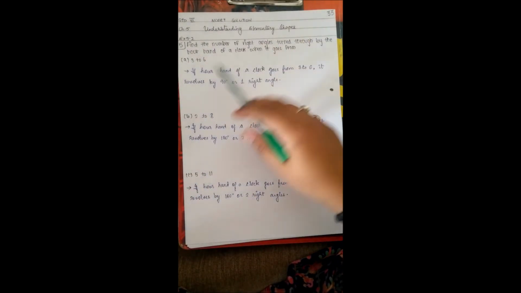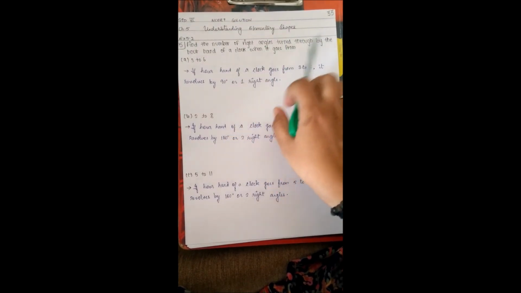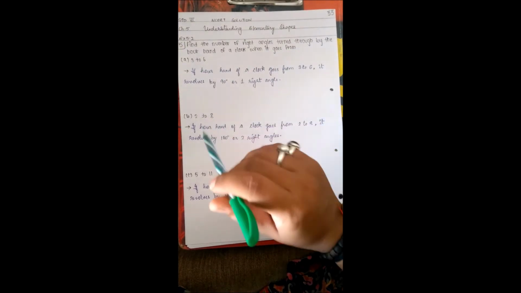Now fifth question: find the number of right angles turned through by the hour hand of a clock when it goes from 3 to 6.